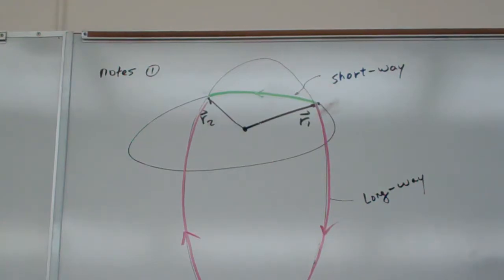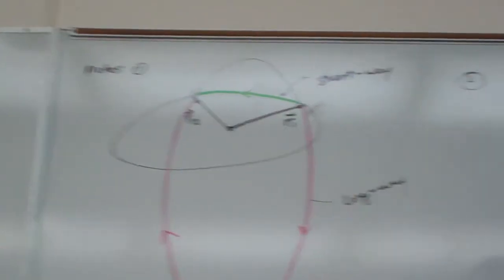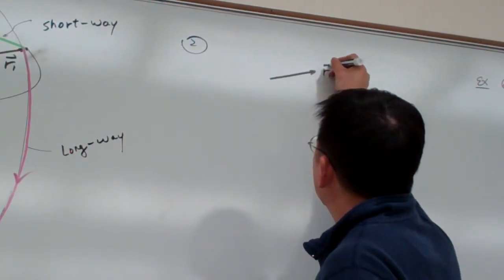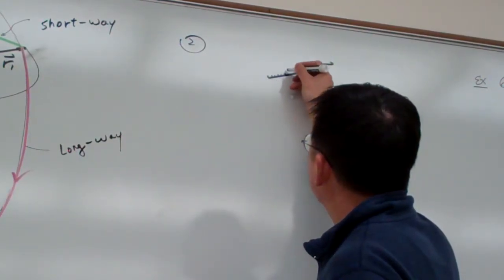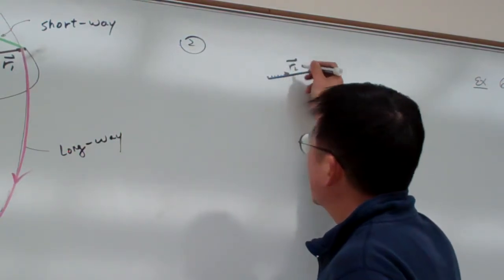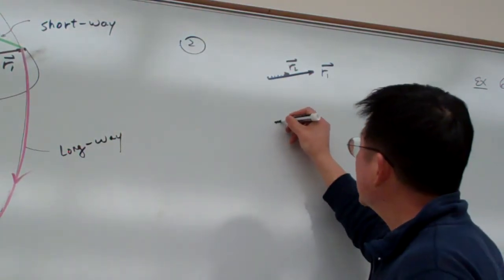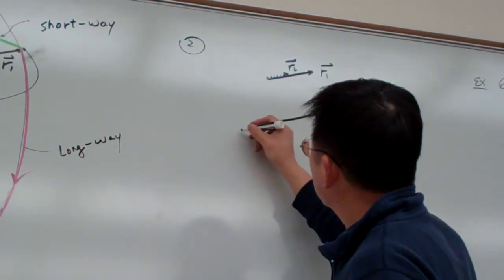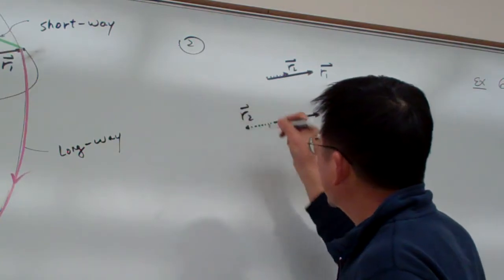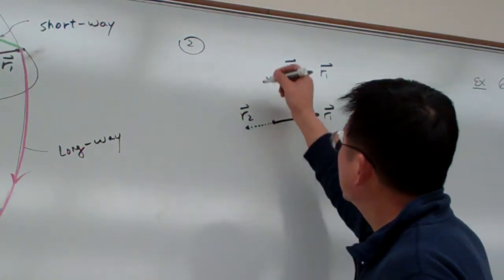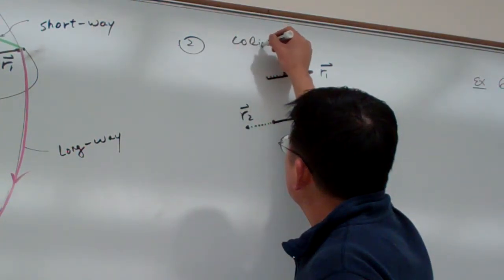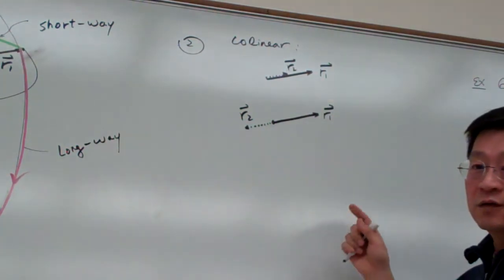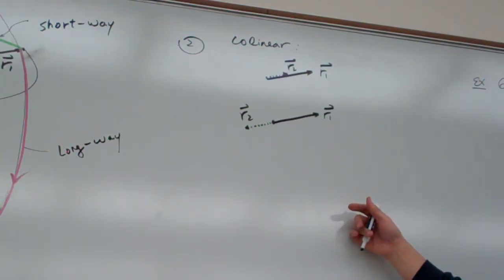On the other side, if our initial positions R1 and R2 are collinear, like this case, or this case, this is called the collinear case. For this case, we don't have any solutions.